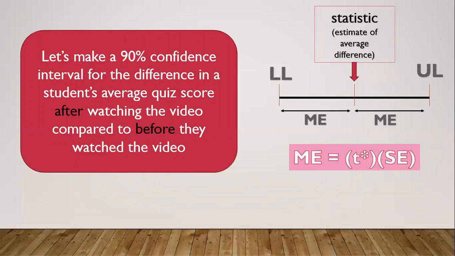We'll find a statistic that we'll put right in the middle of the interval. That will be our best estimate of the average difference. And then we'll figure out a margin of error that we'll add and subtract to that to get our limits. Now here in this case, since we're dealing with averages, we expect that margin of error, ME, will be some t-score times the standard error of our statistic.